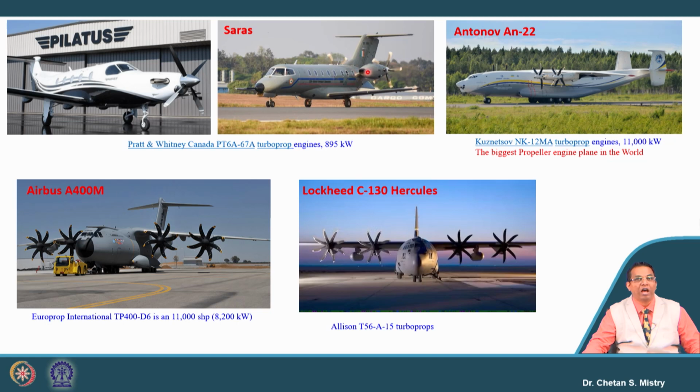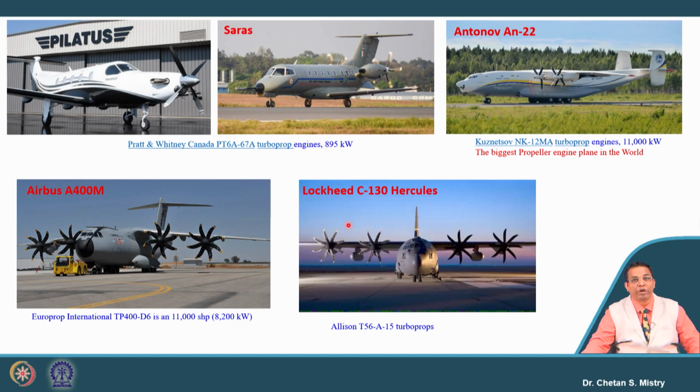So here, if you look, I have a different kind of configuration, where my propellers are connected on the rear side, and here I have the intake. Let's look here. This is the Antonov AN-22. You must be aware, this is the largest aircraft that is rotated using propeller engines. Here we have a combination of 4 propeller engines.